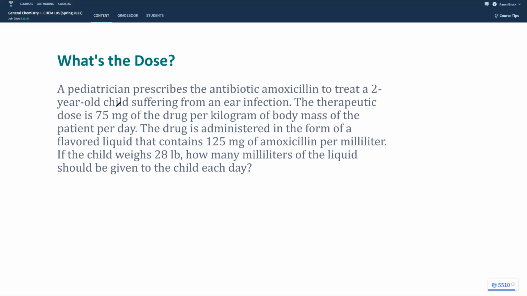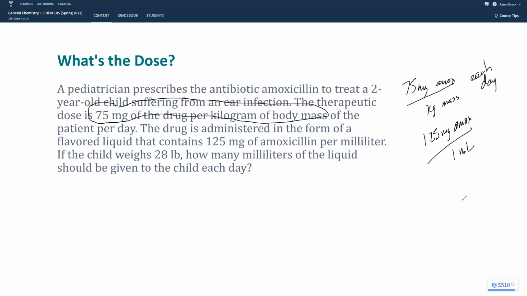So let's pull out the possible pieces of information. I have 75 milligrams of amoxicillin per kilogram of mass, and that needs to be done each day. I have the liquid that is 125 milligrams of amoxicillin in every milliliter.